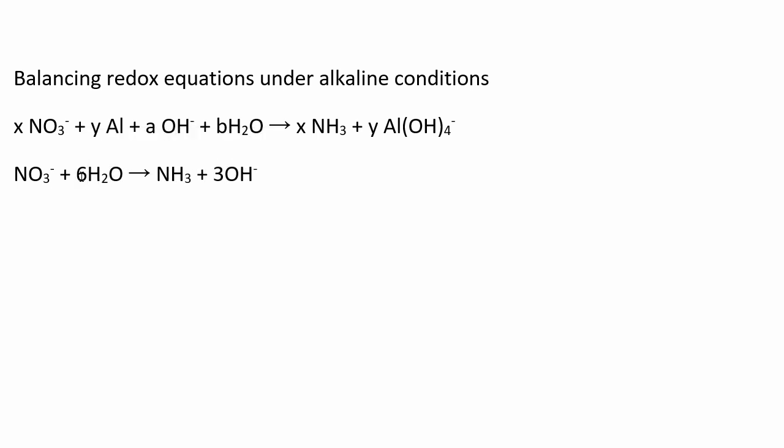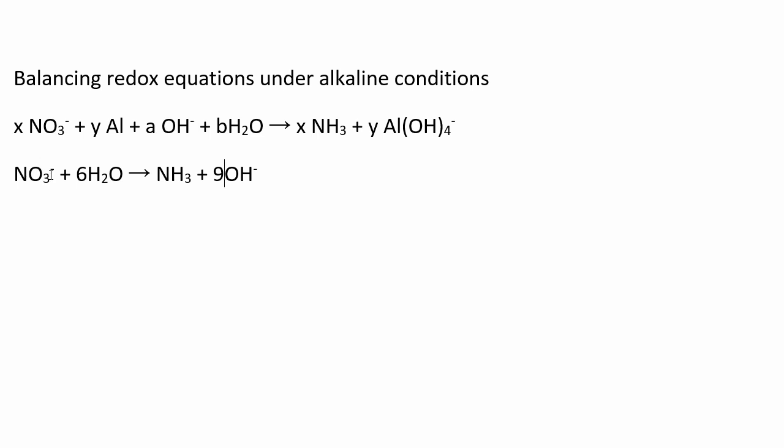I'm going to put 6 in here, and this is going to produce altogether 6, 12, and now if we put 9 OH minus in here, how many have we got? We've got 12 hydrogens and we've got 9 oxygens. So we're on the way to being correct, but there is a slight problem.